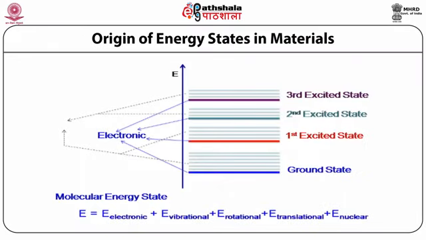Origin of energy states in materials. All materials consist of atoms of various elements containing movable electrons and a localized nucleus.